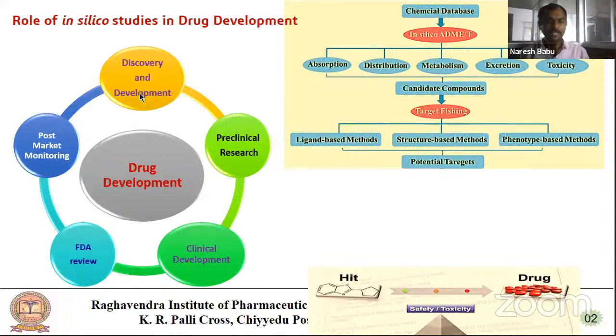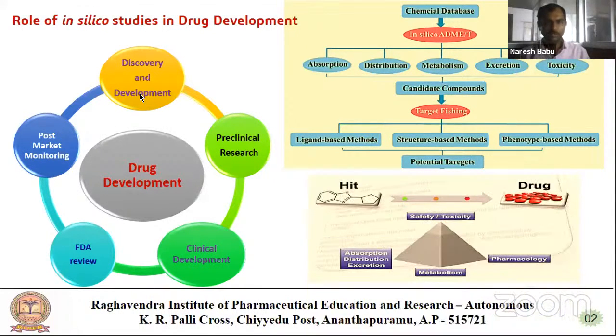To convert the hit molecule into a drug, we need to find out parameters like absorption, distribution, excretion, metabolism, safety, toxicity, and pharmacology, which are very essential. Most of this is nowadays predicted using computational or in silico methods. Here we need to know the difference between a hit and a drug. A hit is a compound that shows a desired type of activity in a screening assay.